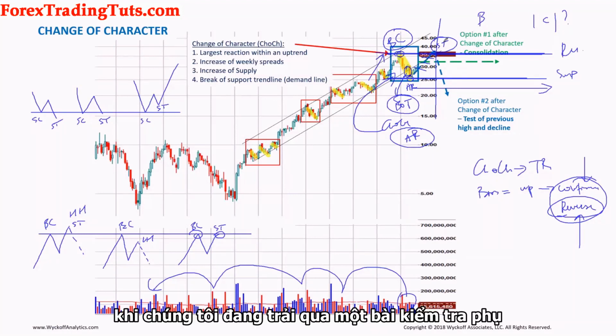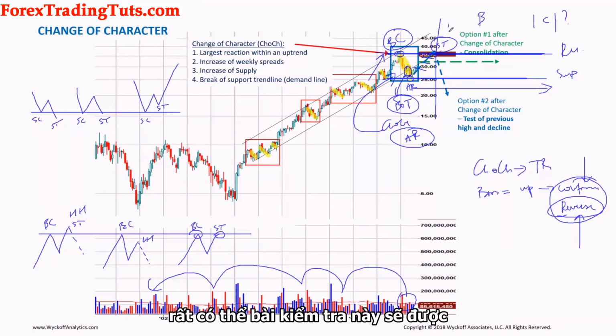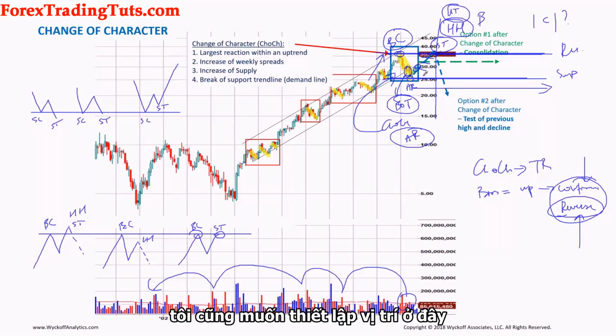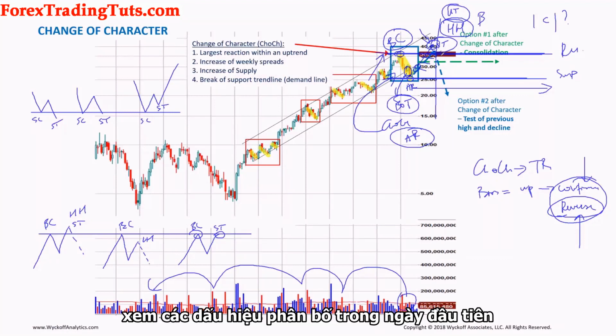So as we're experiencing a secondary test, most likely this test is going to be strong and therefore a higher high and will create probably some kind of upthrust opportunity. So how do I trade that? Well, I want to establish a position here somewhere on the intraday basis and then trade through the resistance. And once I see first intraday signs of distribution, I will be out.